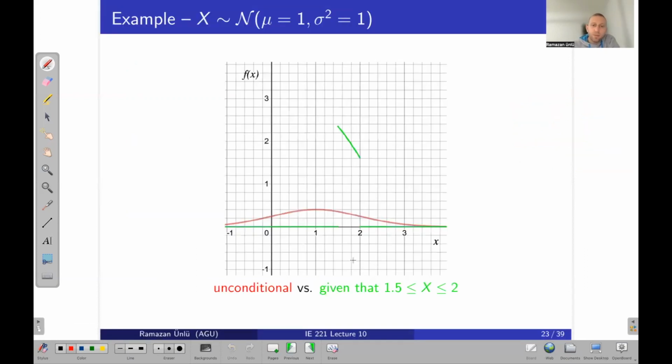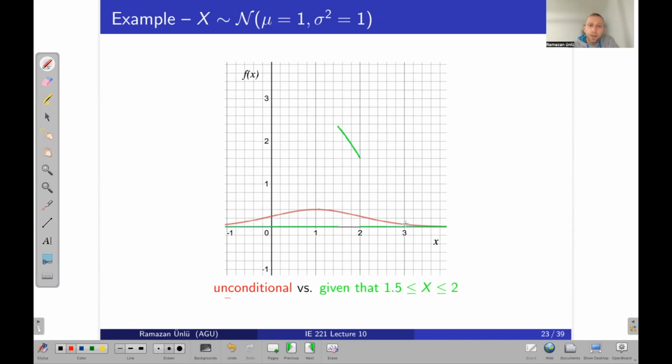To make it more concrete, assume this curve is the unconditional PDF. So x is a normally distributed random variable with parameters mu equal to 1 and sigma squared equal to 1. So that is the unconditional one.